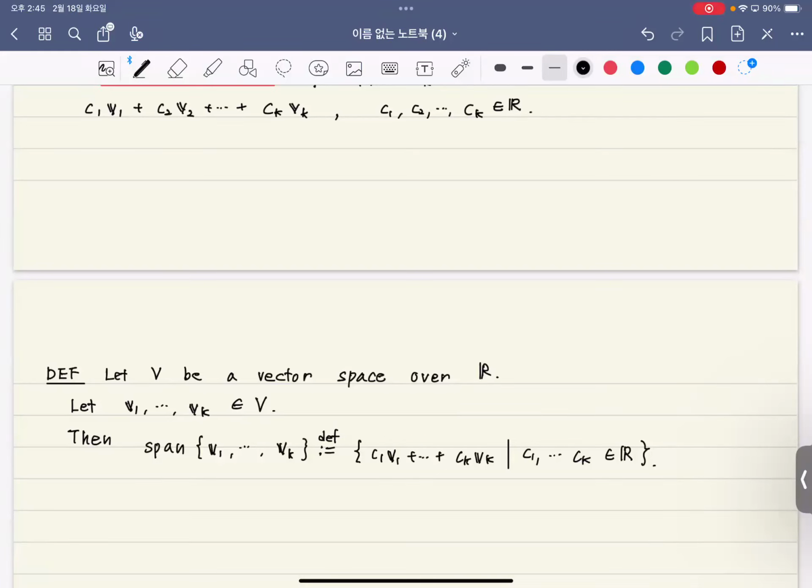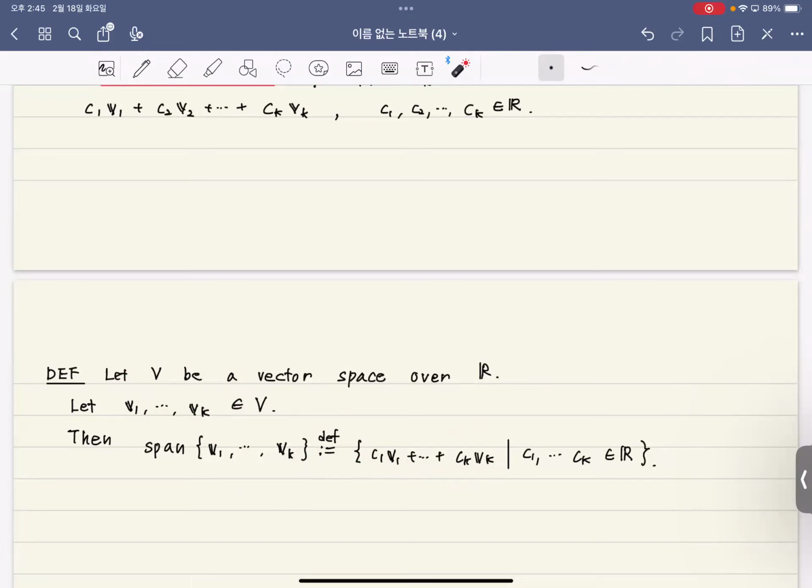Aha. Oh, well, I have used set builder notation, and this one on the left is nothing but a linear combination of these vectors, right? So therefore, the span of these vectors means nothing but the collection of all linear combinations of v1 through vk.